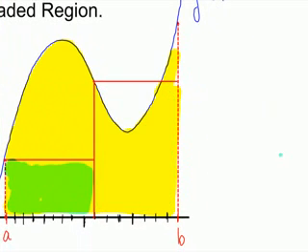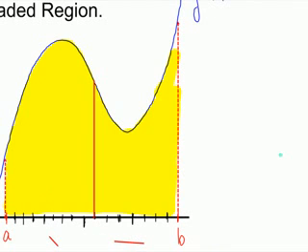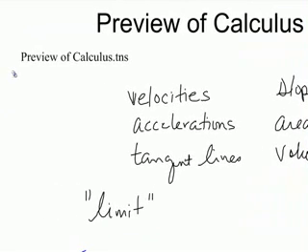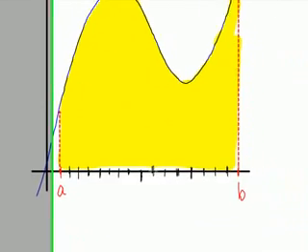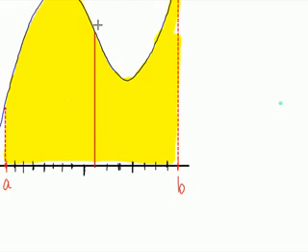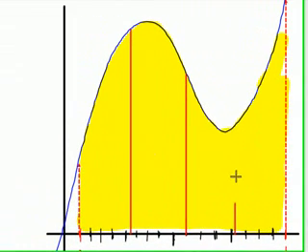So let me undo that. So what if instead of 2 rectangles, I split it up into 4 rectangles? Oops. Sorry. Bad news. Oh no! Things just went away. Okay, back up. That is about where our first rectangle was. Our first split. And let's go right there.